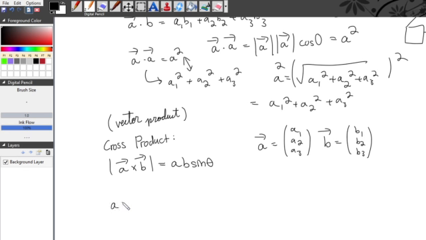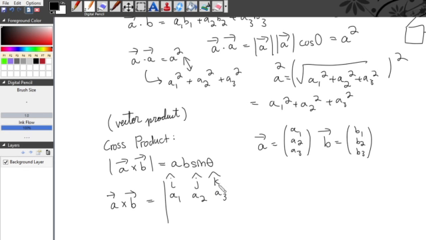Then A cross B is equal to, well, I haven't actually memorized it off the top of my head, because it's kind of a pain to memorize. It's a lot easier to just compute it quickly than actually memorizing it. To do that, you'd use the 3x3 matrix determinant formula.